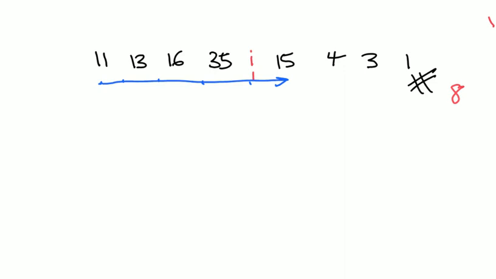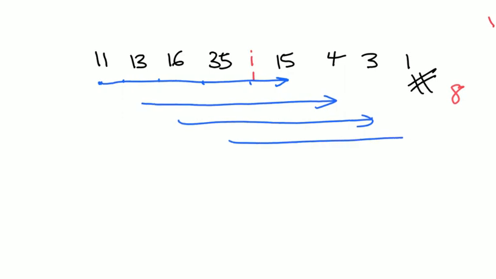Specifically we're going to compare the number at the tail of the arrow with the number at the head of the arrow. Now we're going to have 4 of these arrows. Another arrow here, and another arrow here. So we have 4 comparisons or comparators, all shown in the form of arrows.